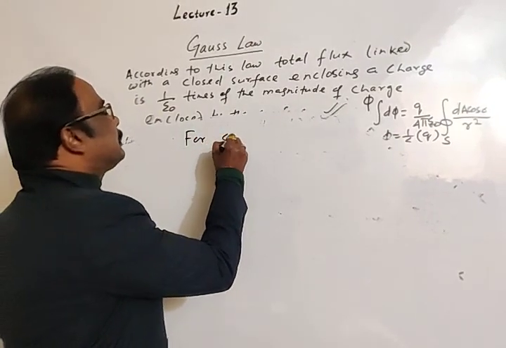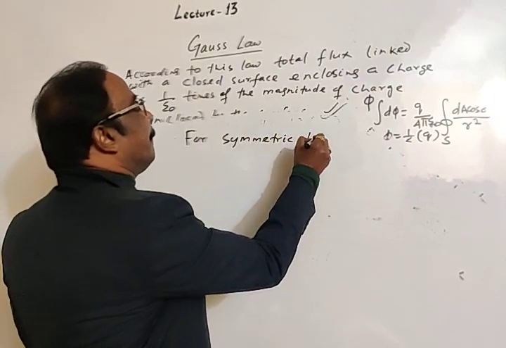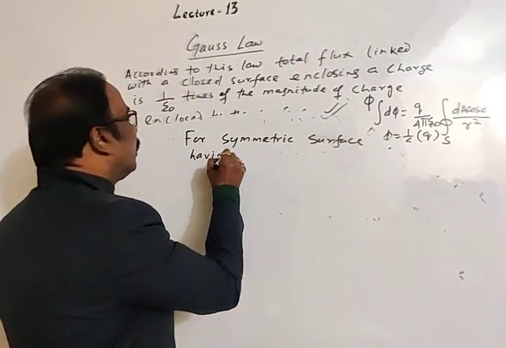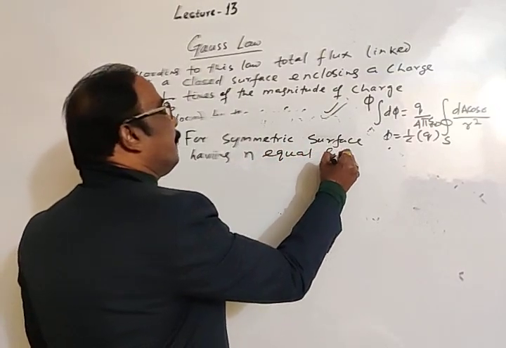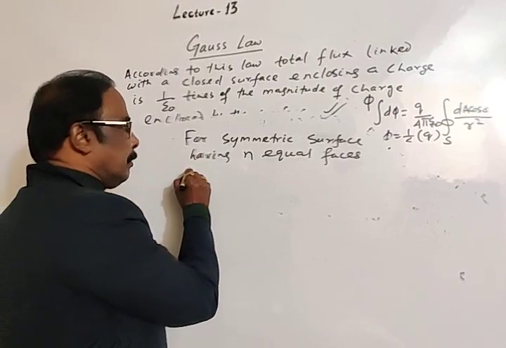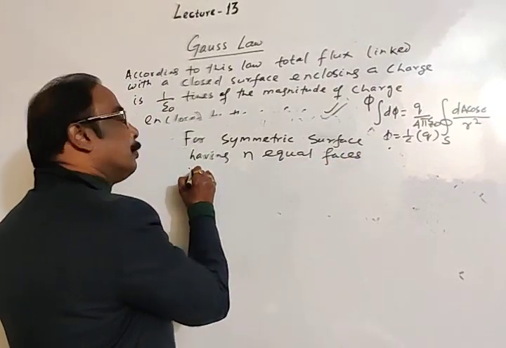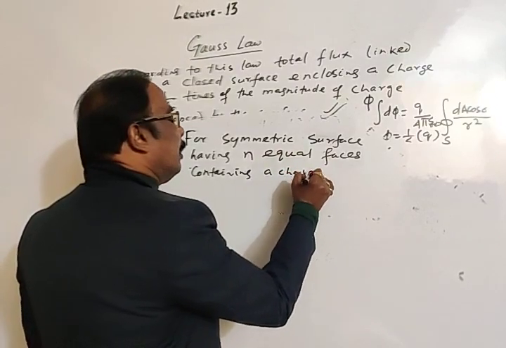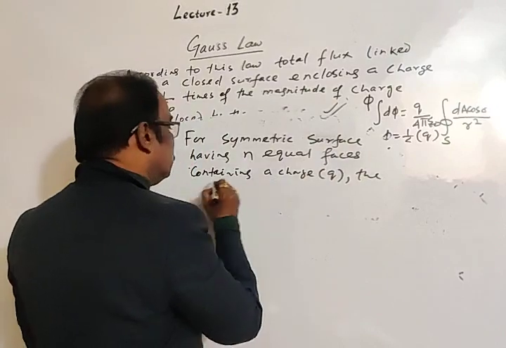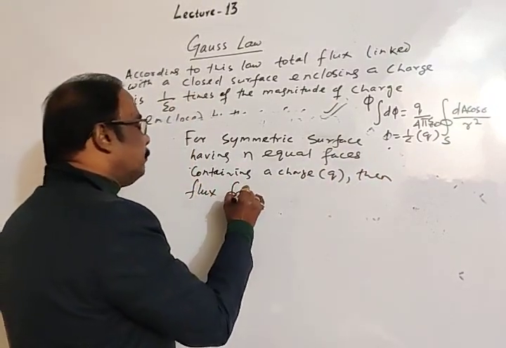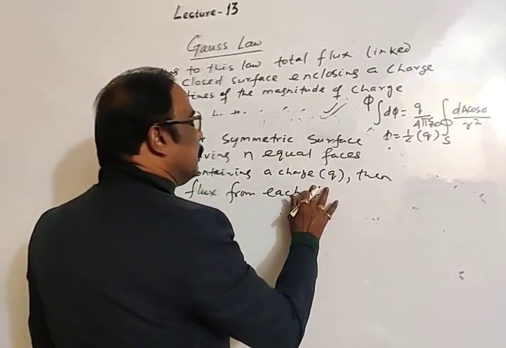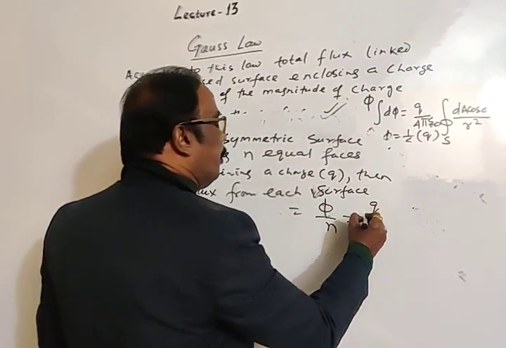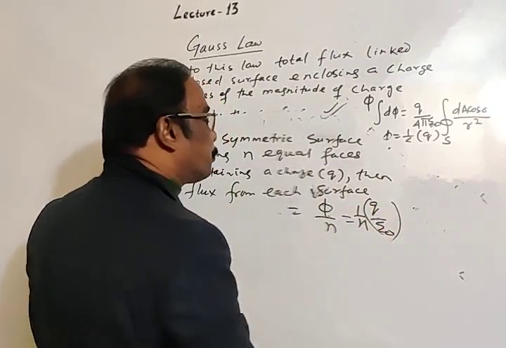For a symmetric body or symmetric surface having n equal faces containing a charge, let Q, the flux from each surface is given as phi by n, or 1 by n times the total flux associated with the whole surface.